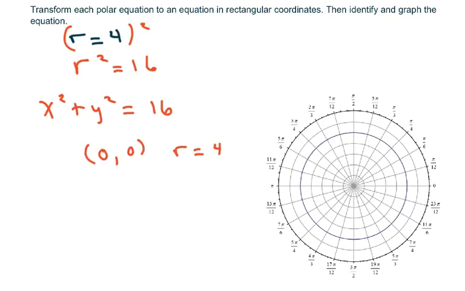So my center is 0, 0, and I'm going to go out 1, 2, 3, 4. So it's this circle right here. Alright, so there it is.